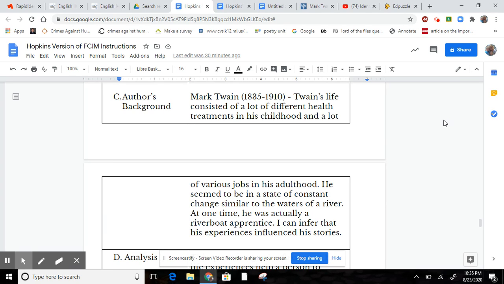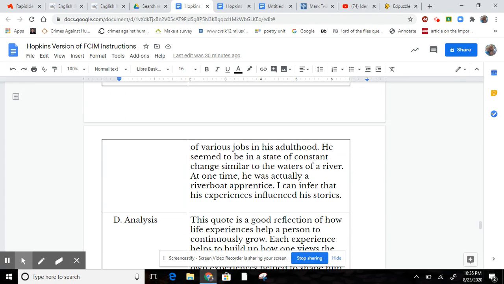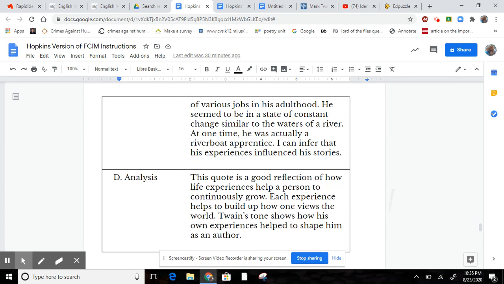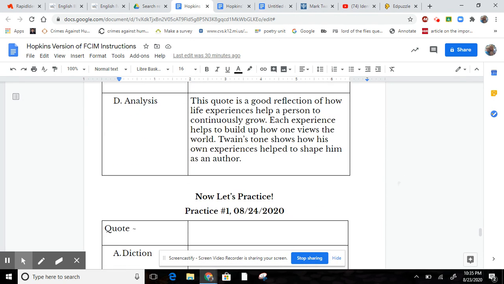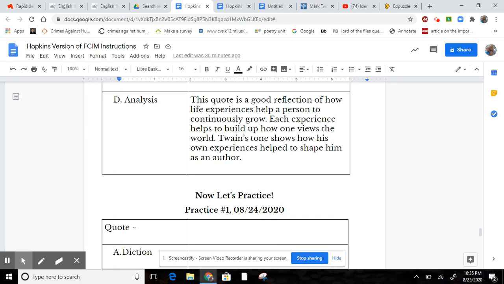At one time, he was actually a riverboat apprentice. I can infer that his experiences influenced his stories. And so, depending on how much you read about your author, actually, his childhood experiences of being ill ended up in his books, The Adventures of Huckleberry Finn. So, that's a good inference to make that his experiences impacted his stories.